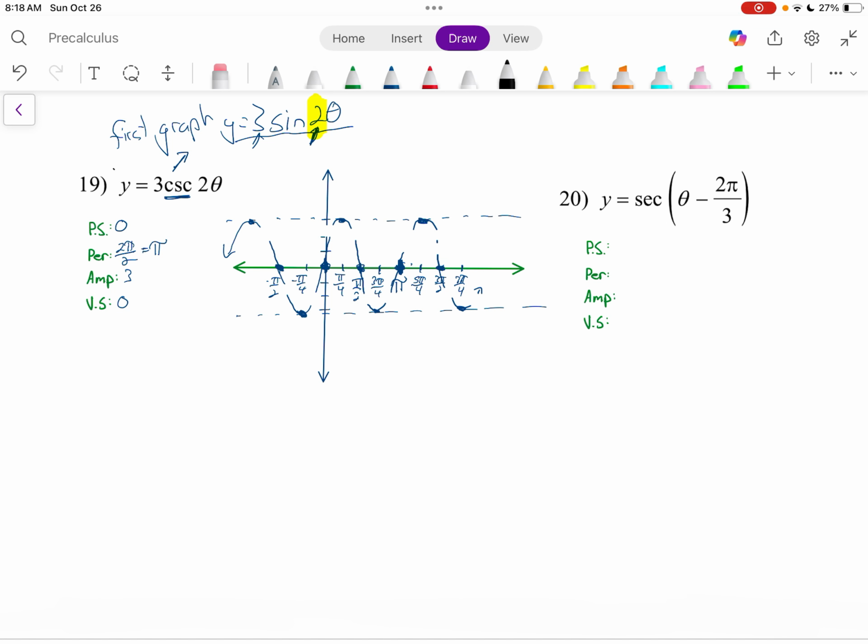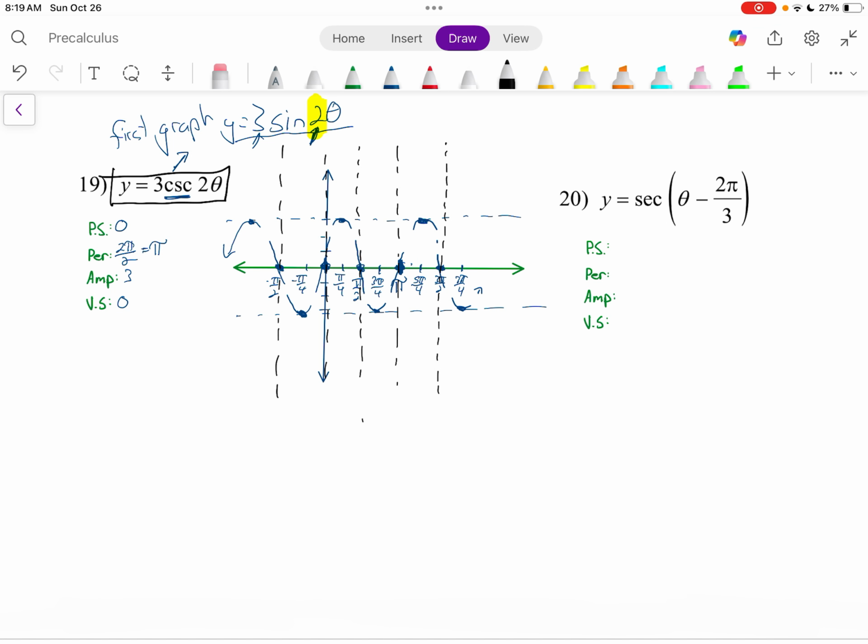I'll do this in black. We want to graph 3 cosecant of 2 theta. So remember, when we have that, wherever this hits the midline, in this case the x-axis, we're going to put a vertical asymptote. And so we're going to put several vertical asymptotes in here. I put in almost a full extra period on my graph. You don't need to do that. You do need at least one full period.